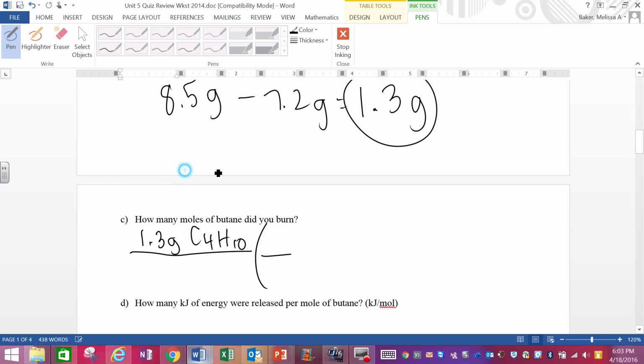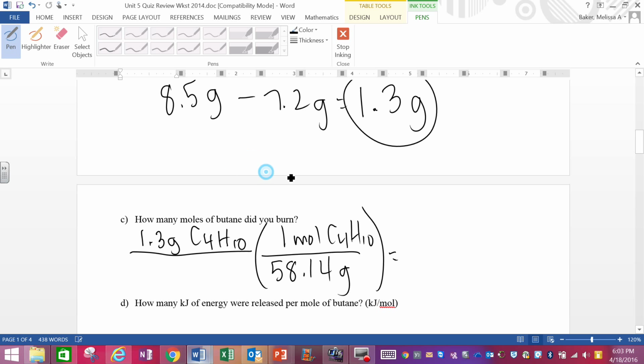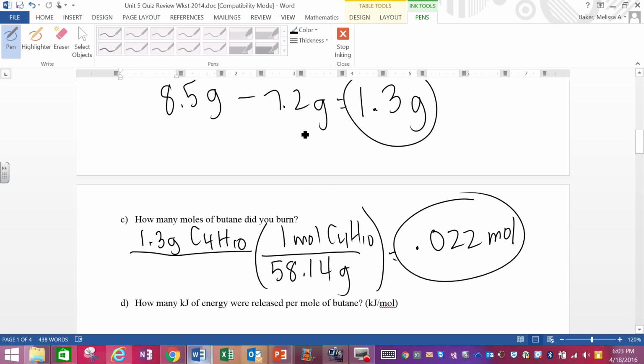So we got to add up from the periodic table 4 carbons and 10 hydrogens. That adds up to 58.14 grams in 1 mole of C4H10. So we burned 0.022 moles of butane.